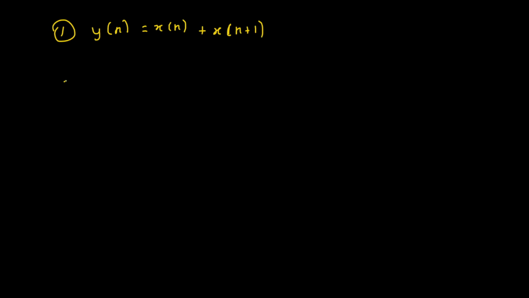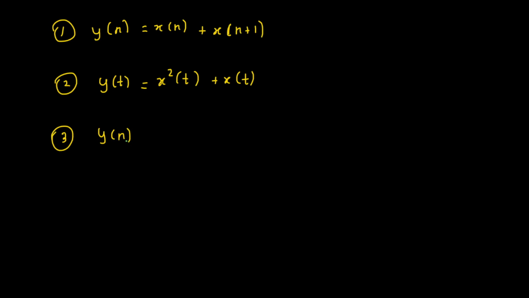The second one is y of t equal to x square of t plus x of t. Let's say the third equation is y of n equal to e power x square n, and the fourth equation is y of n equal to log x of n.